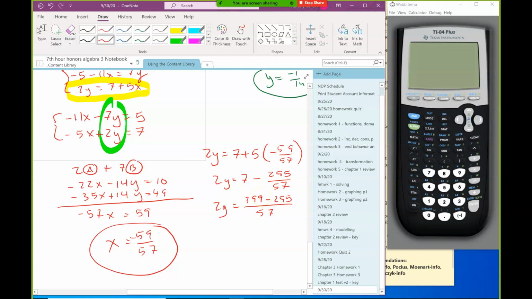And 399 minus 295 is 104, excuse me. Couldn't read my calculator there in the dark. And then if I multiply both sides by a half, which is the same as dividing by 2, that's my 52 out of 57.